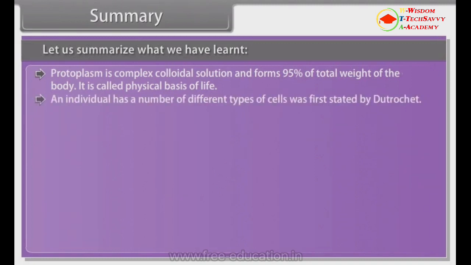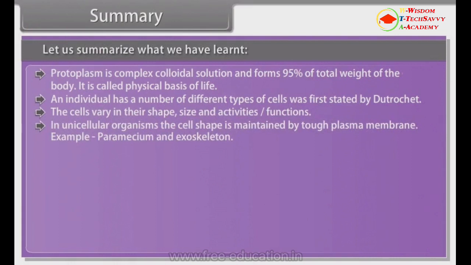An individual has a number of different types of cells, was first stated by Dutrochet. The cells vary in their shape, size, and activities or functions. In unicellular organisms, the cell shape is maintained by tough plasma membrane, example, paramecium, and exoskeleton.